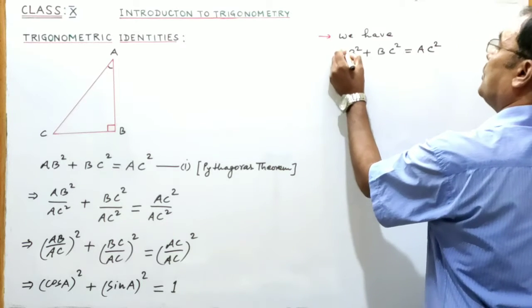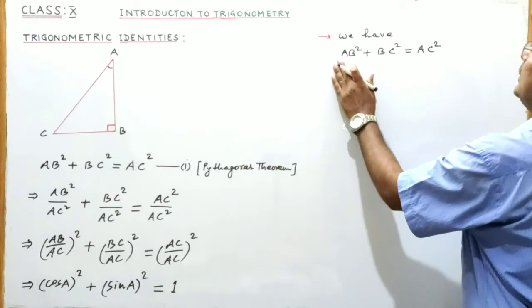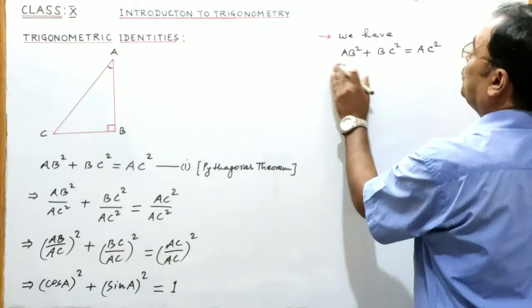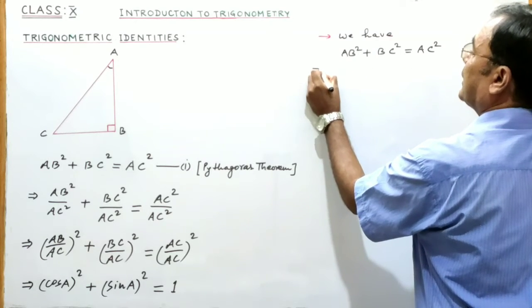This is equation number 1. Divide this equation number 1 throughout by AB square.